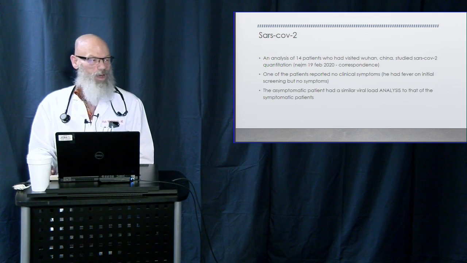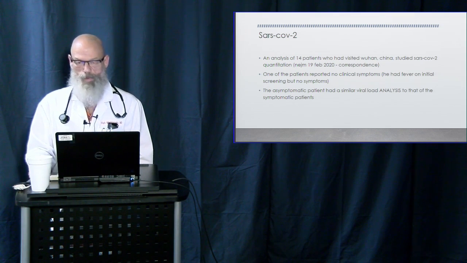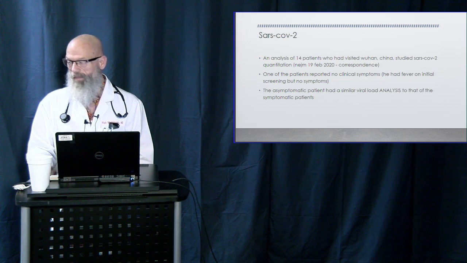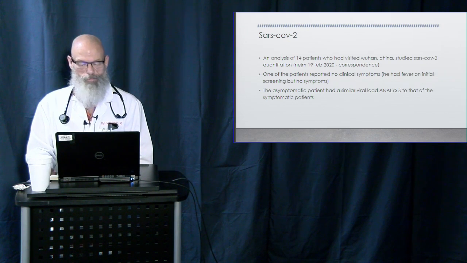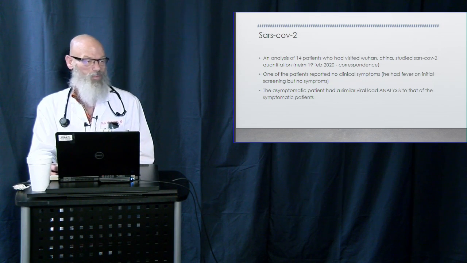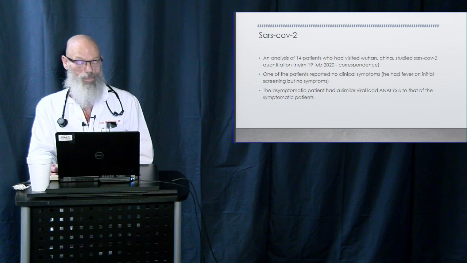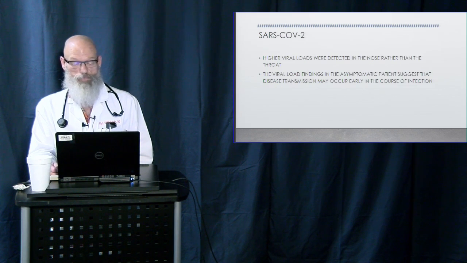The interesting thing was that when they did a viral load analysis on all these people, symptomatic and the one asymptomatic included, everyone had a similar viral load. And so from this, we're wondering, is this asymptomatic person just as infectious as the symptomatic patients?